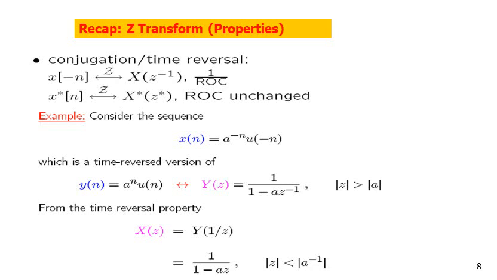And here we will use the property of time reversal, and we know that the z transform of a^n u(n) is 1 over 1 minus a z inverse, and the ROC is |z| greater than |a|. So by replacing z by z inverse, we would get the z transform here to be 1 over 1 minus az, and the ROC would be |z| less than |a| inverse.